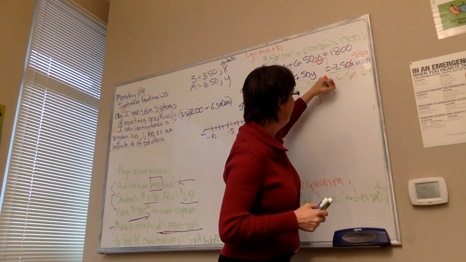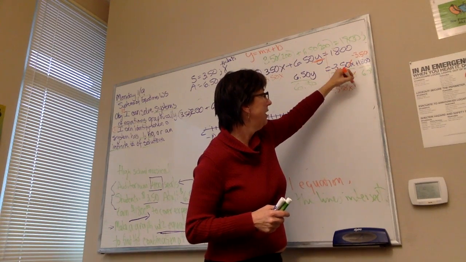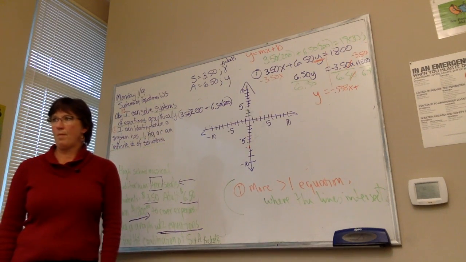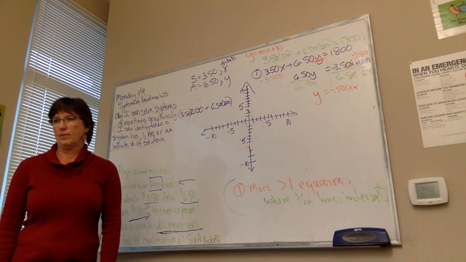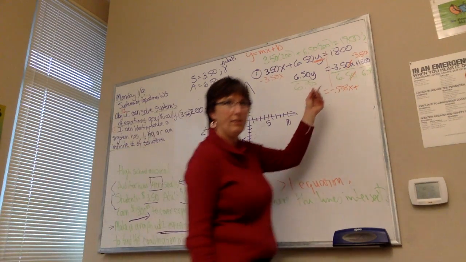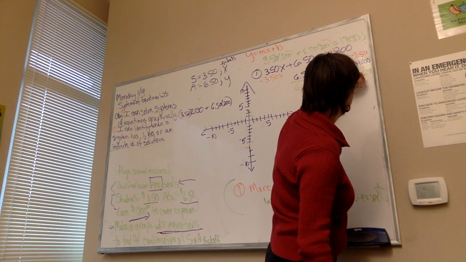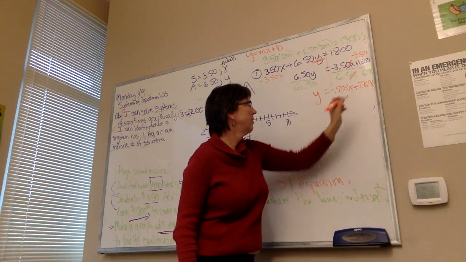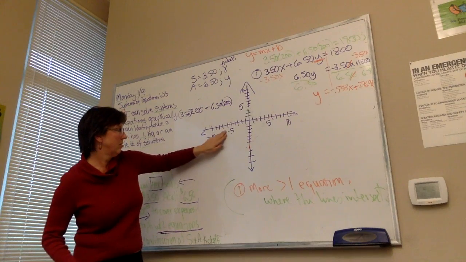Okay, so negative 0.538x, and what is 1800 divided by 650? 276.923. Do we have confirmation? Yeah. 276.92. All right. Can we graph this? I might need to change the scale.